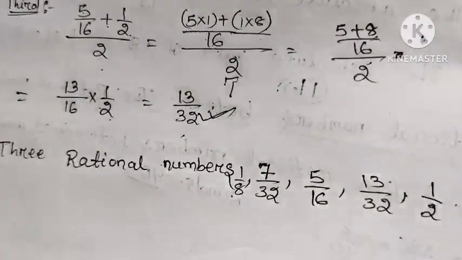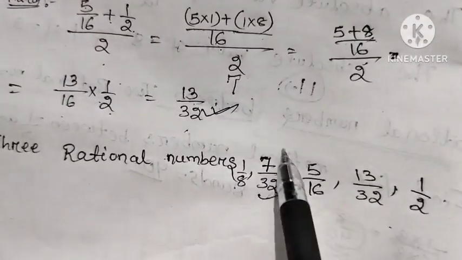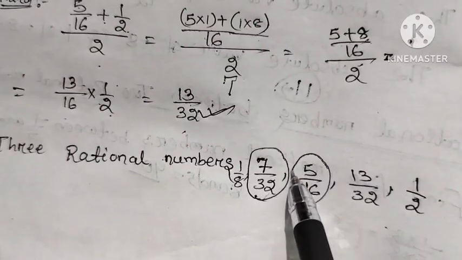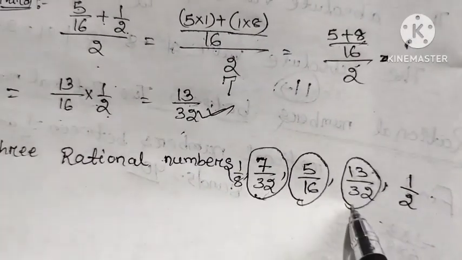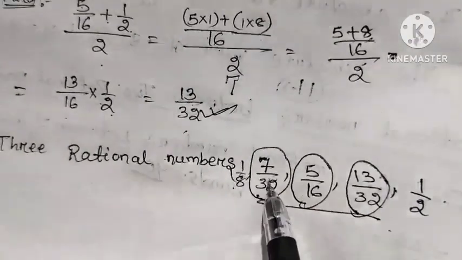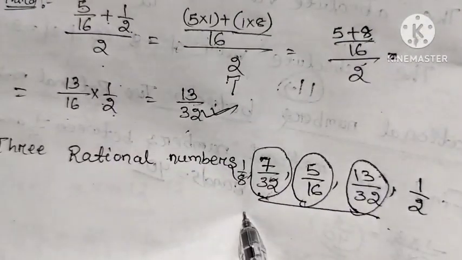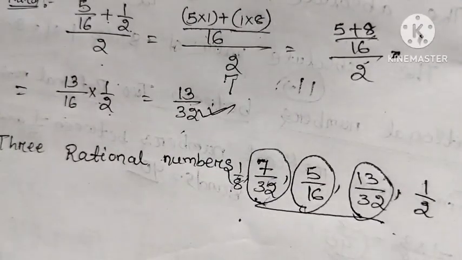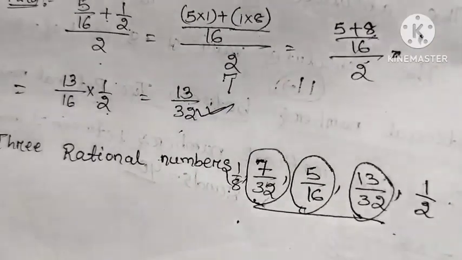That's why the 3 rational numbers are 7 by 32, 5 by 16, 13 by 32. These 3 rational numbers, another you also find out. These 2 numbers you take, then another rational number you have to find out. Yes, in 0 to 1, so many rational numbers are there. Infinite number of rational numbers.